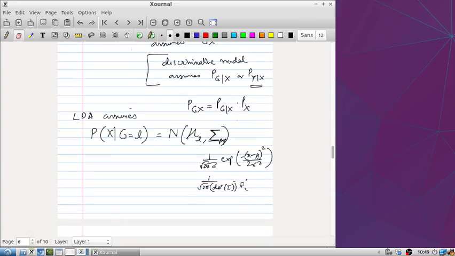Let me write it here, times exponent of minus 1/2 x minus mu transpose sigma inverse x minus mu.